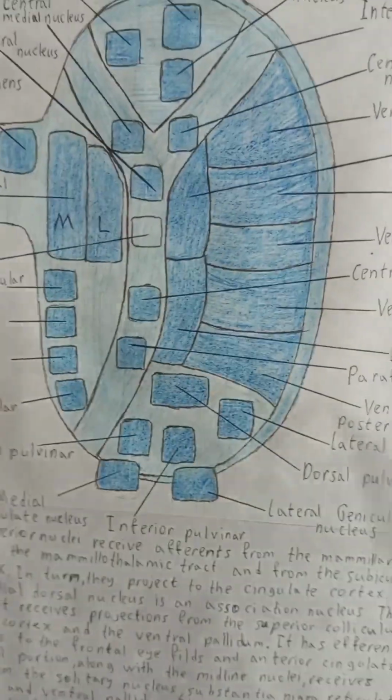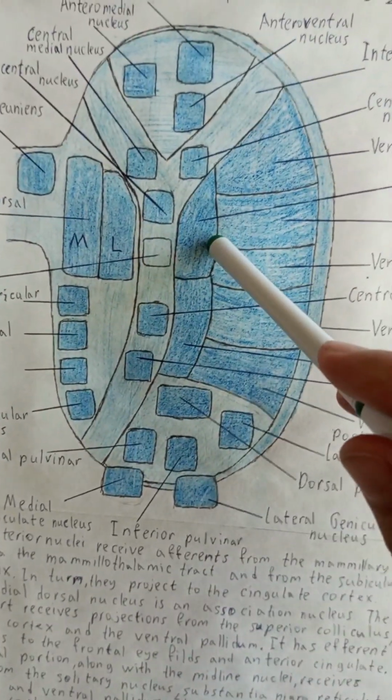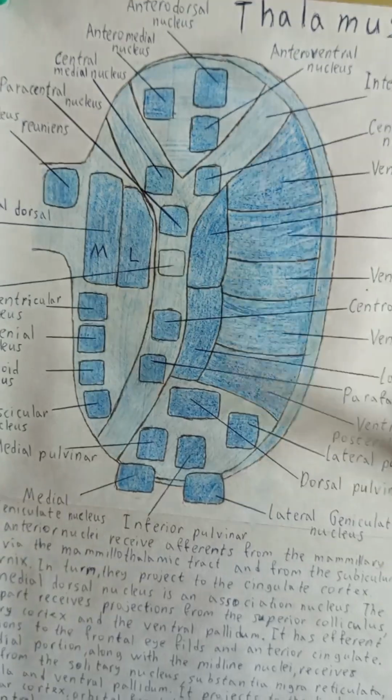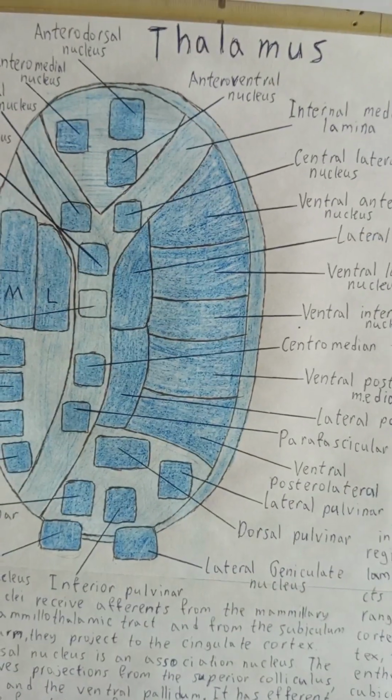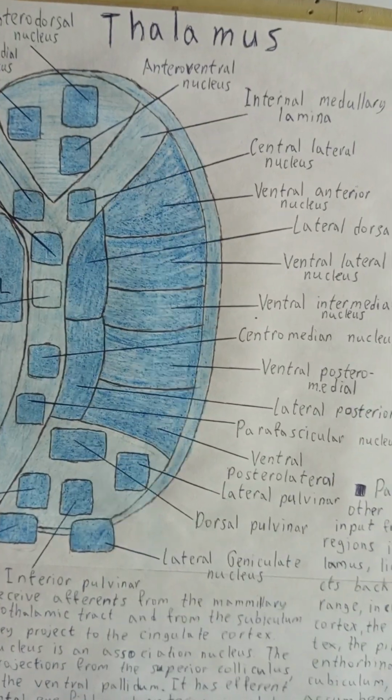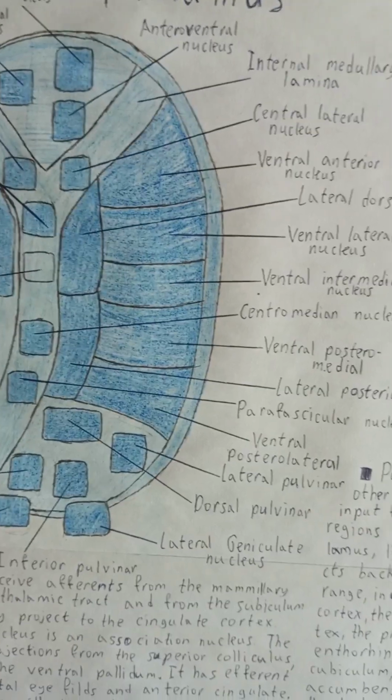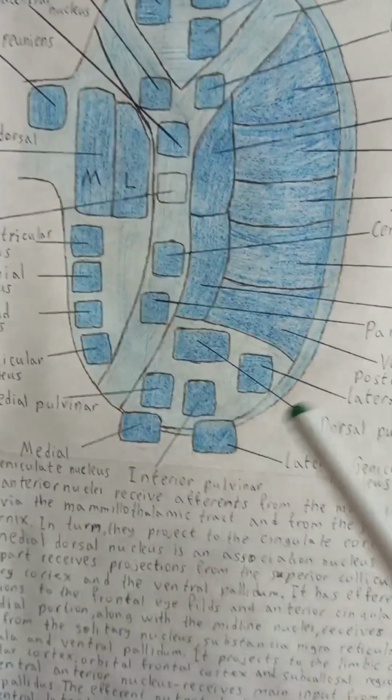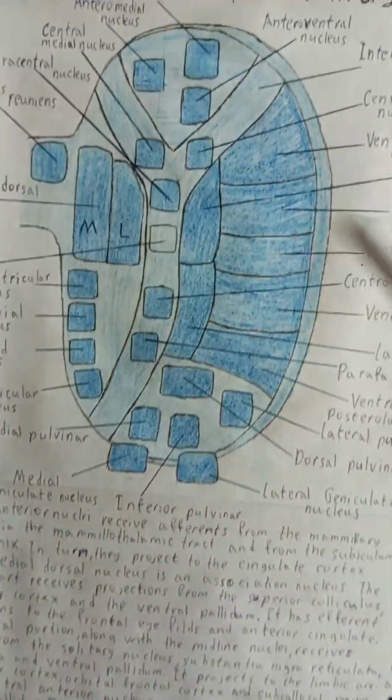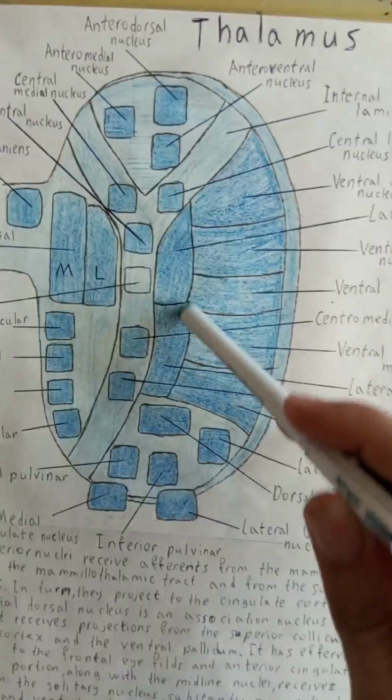And the lateral part of this nucleus can also be a relay for maybe inputs from ventral pallidum or something like that. There are many of them. Okay, and we also have the lateral posterior nucleus. I honestly don't remember its function, but it is here.